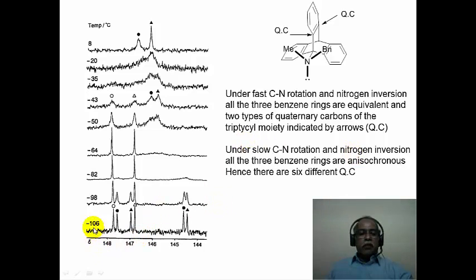So this is what happens at low temperature, when the spectrum is measured at minus 160 degrees Celsius. There are 6 carbons seen, corresponding to carbon number 1, carbon number 2, carbon number 3 in the front, and carbon number 4, carbon number 5, carbon number 6 in the backside, which constitute the 6 lines you see in the carbon-13 spectrum of this compound.